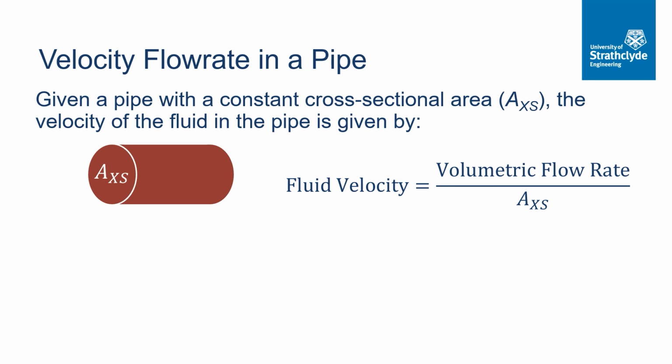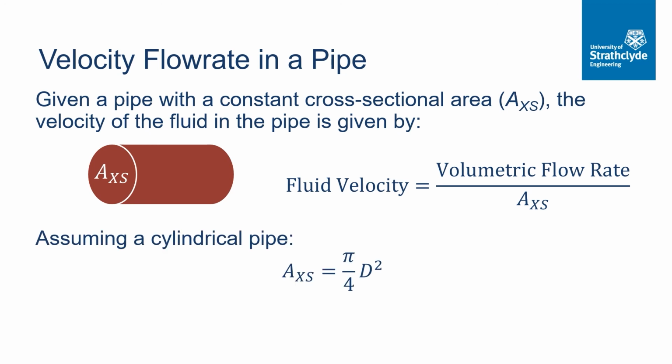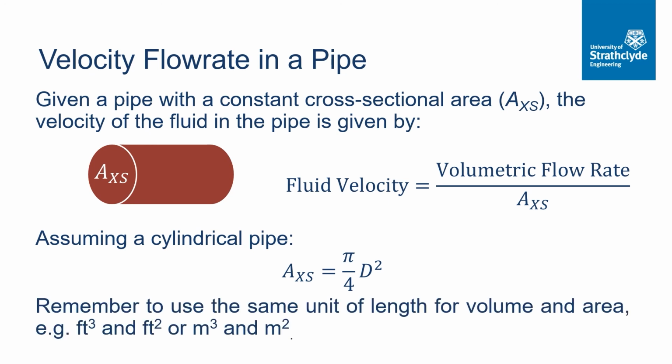And in such a case as the diagram shown, we could perhaps assume that our pipe will be cylindrical. If so, the cross-sectional area is given by pi over 4 multiplied by our diameter squared. And the key thing to note here is that we must remember to use the same unit of length for volumetric flow rate and our area. So we must match these two if we are to determine the fluid velocity in our pipe.